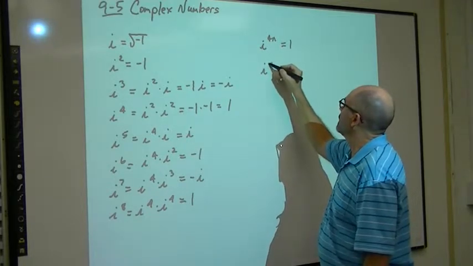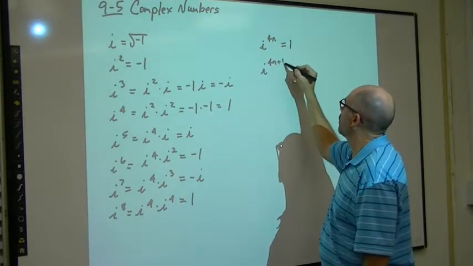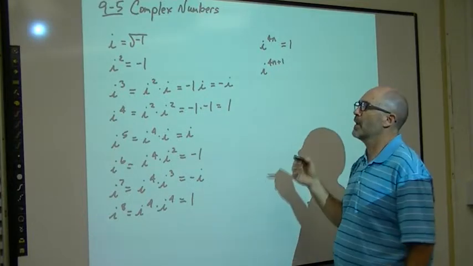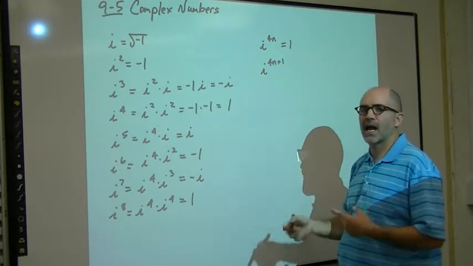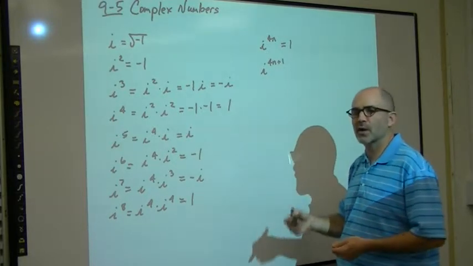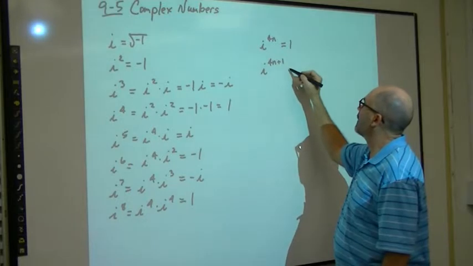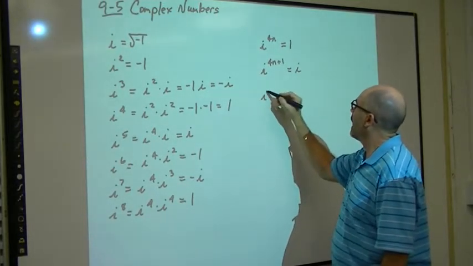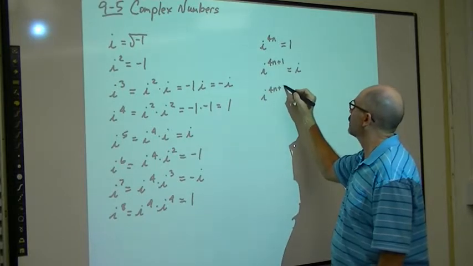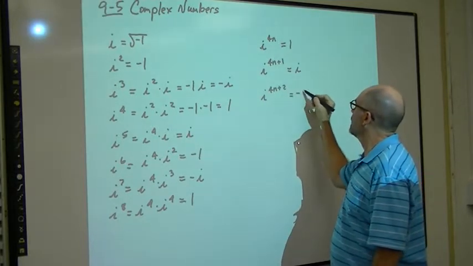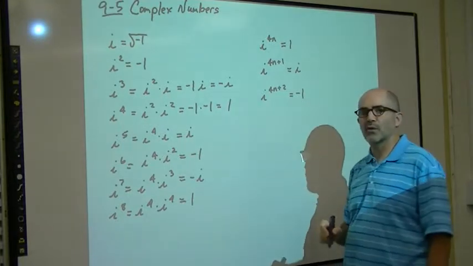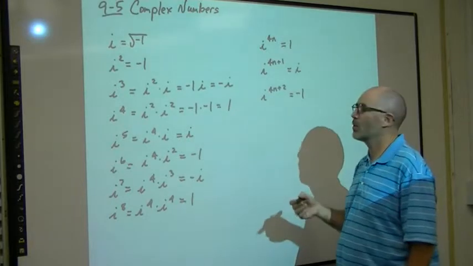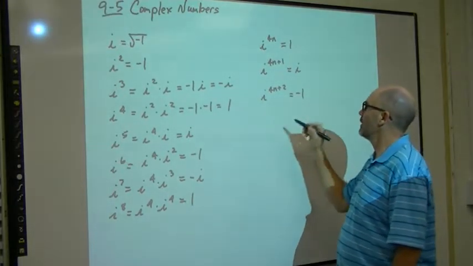i to any multiple of 4 plus 1, 1 past a multiple of 4. Well, what is 1 past a multiple of 4? It would be 5 or 9 or 13 or 17 or 21. Those i values are going to be i. Then i to the 4n plus 2 is going to be -1. Now, 4n plus 2, that's going to be 6 or 10 or 14 or 18, all those, -1.